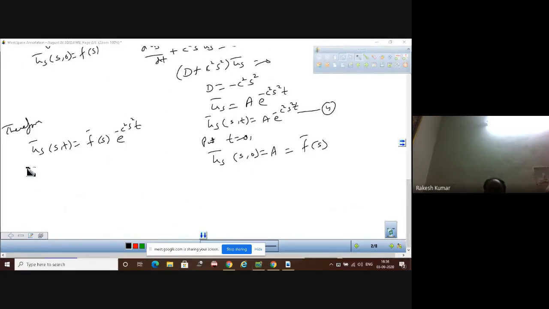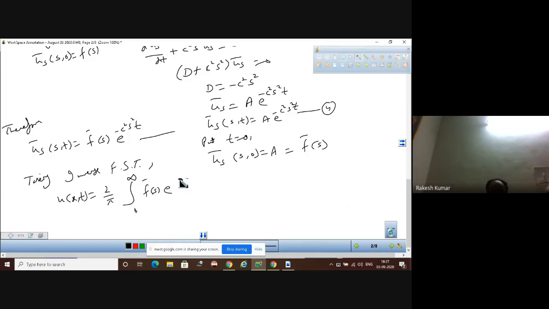So from this, if you want to find out the value of u, you just need to take the inverse Fourier Sine transform. Taking the inverse Fourier Sine transform, we shall have u(x,t), and the formula is 2 upon pi, integral 0 to infinity, f bar s e raised to power minus c square s square t into sine of s x ds.